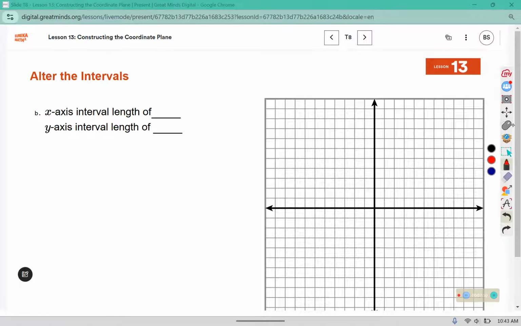For this next one, we're going to use a scale of a half on the x-axis and a scale of 1 on the y-axis.